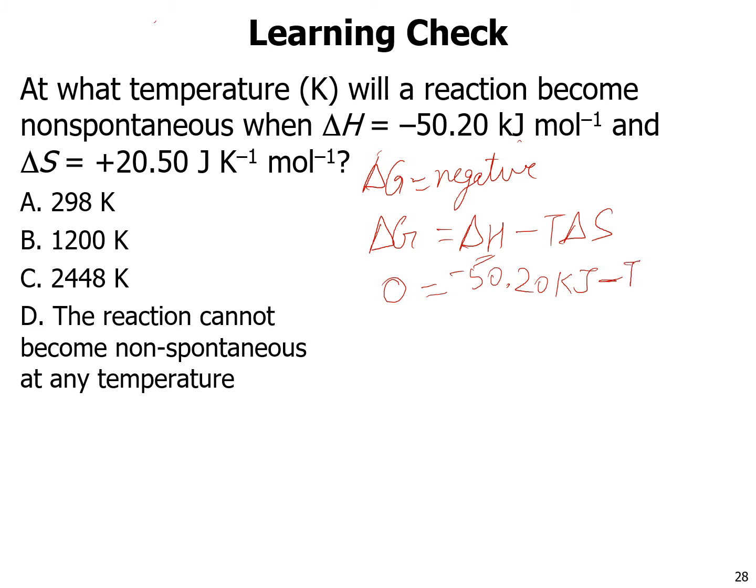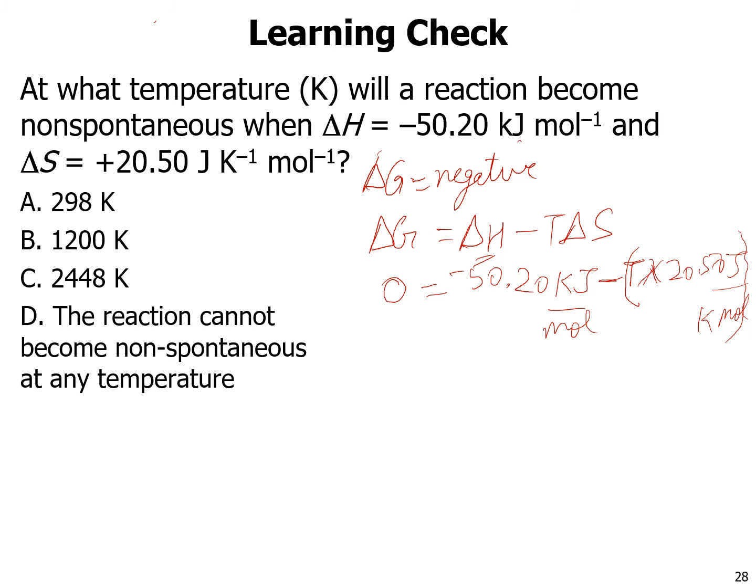Equals, sorry, minus temperature times delta S, which is given to us, minus T times 20.50 joules per Kelvin per mole. So make sure you're looking at units. What is wrong in this expression right here? I have delta H in kilojoules and delta S in joules.